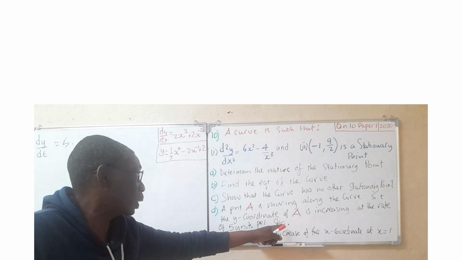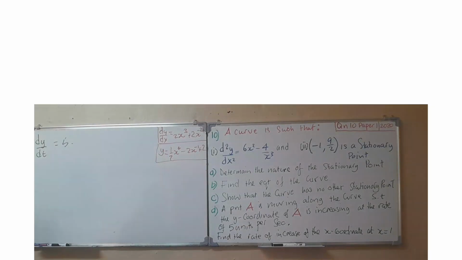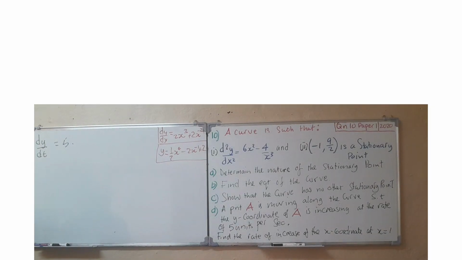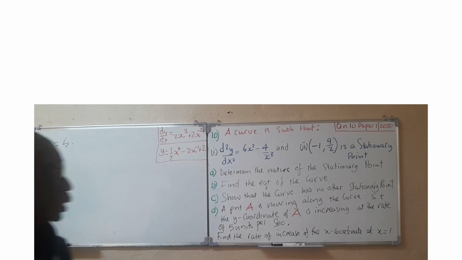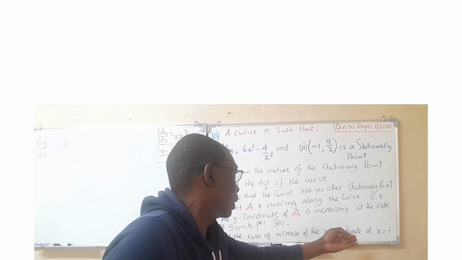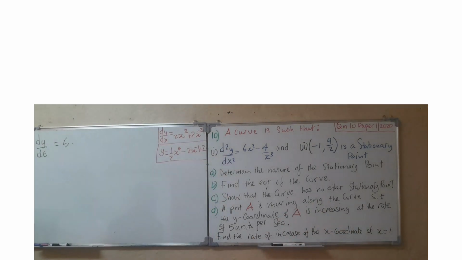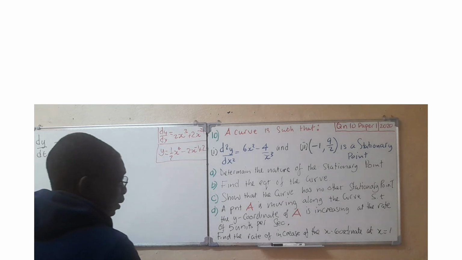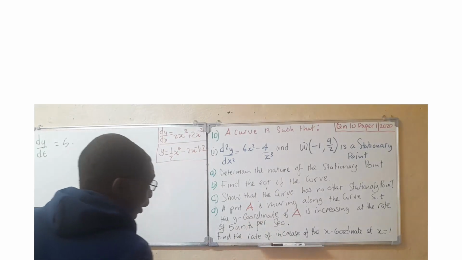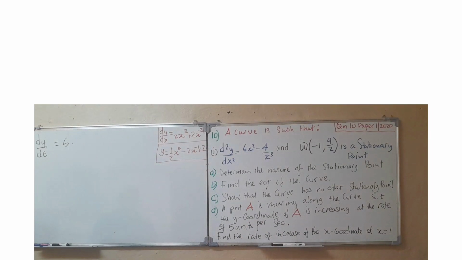It's with respect to t because we are talking about time there. Now the question says find the rate of increase of the x coordinate at a point where x is equal to 1. Now we don't know what dx/dt is, the rate at which x is increasing with respect to t.